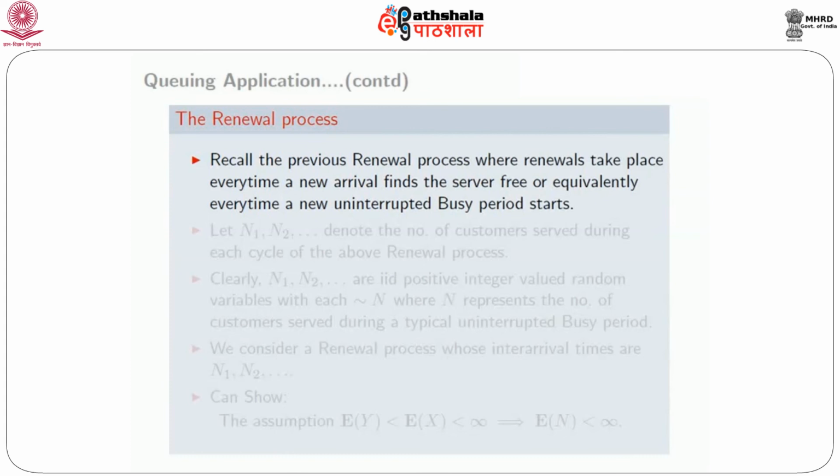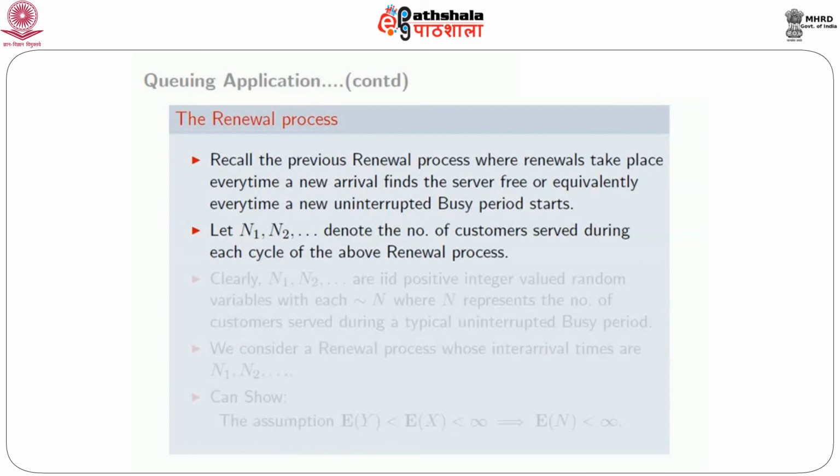Let now capital N1, capital N2, etc. denote the number of customers served during each cycle of the above renewal process. So N1 is the total number of customers served during the first uninterrupted busy period, N2 is the total number of customers served during the second uninterrupted busy period, and so on.